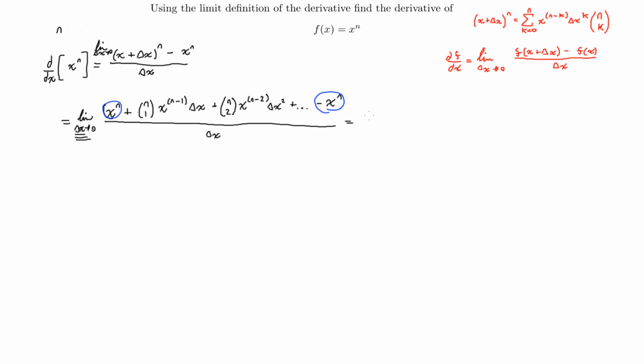So I'll have n choose 1, x to the n minus 1, as the delta x divides out, plus n choose 2, x to the n minus 2, delta x, and we can include the next term so you can see the pattern: n choose 3, x to the n minus 3, which would be delta x cubed, but since we divide by delta x, it's delta x squared.